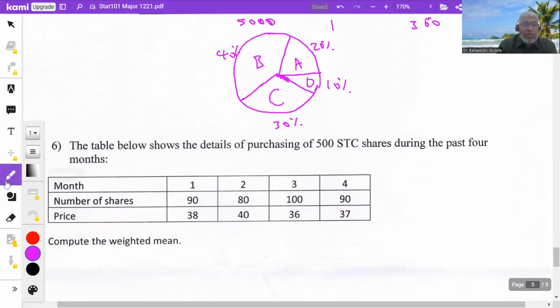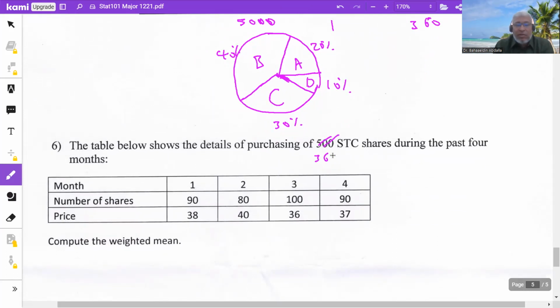The table below shows the details of purchasing of 500 STC shares. Actually, if you add the number of shares here, you will find that they are 360. So this is a typo mistake. 360 STC shares during the past 4 months.